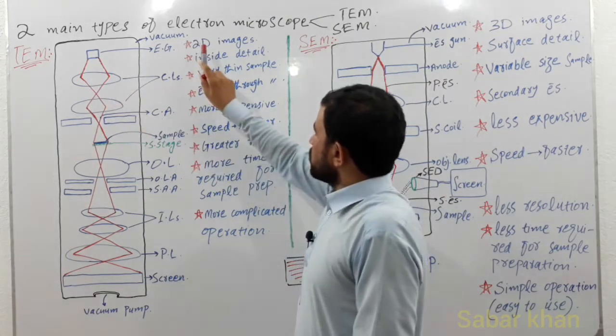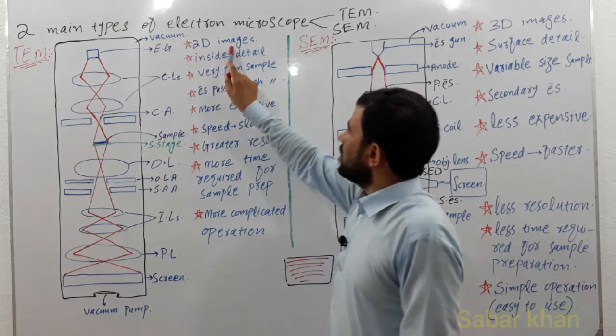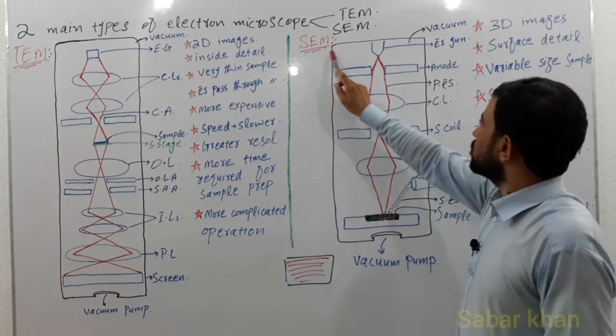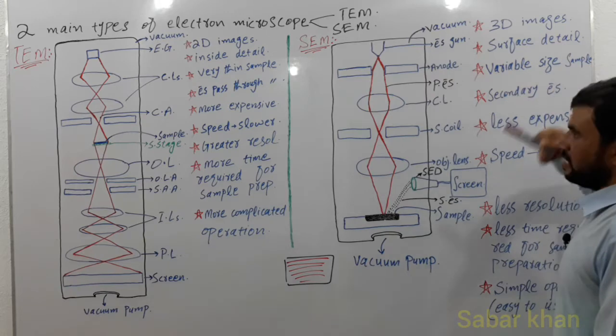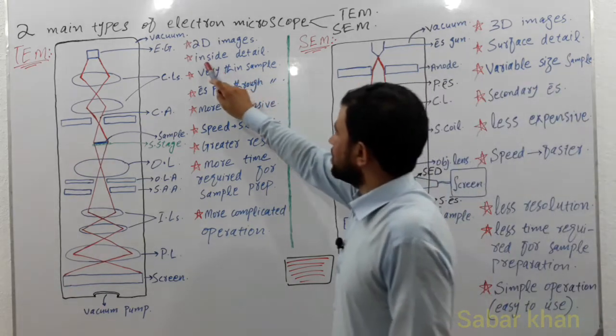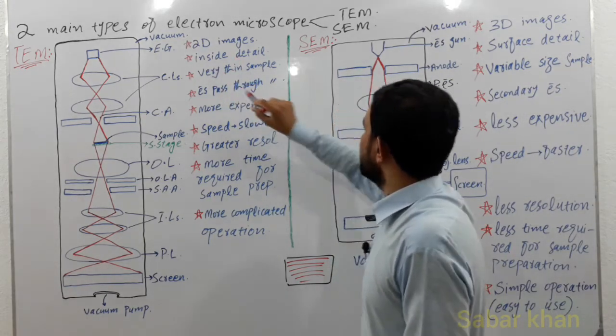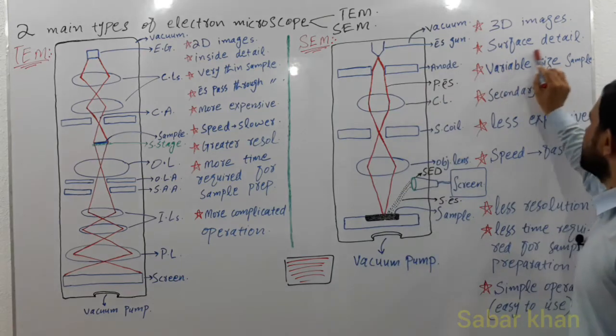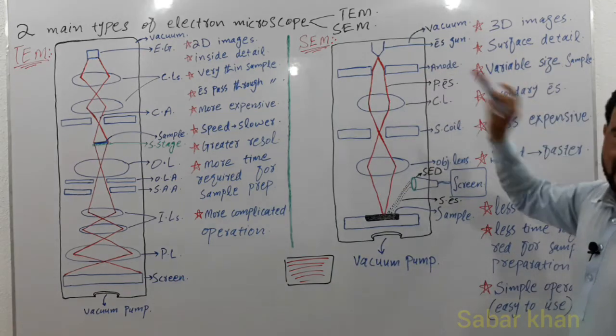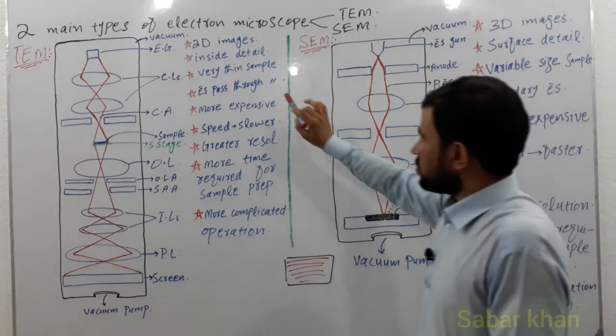Transmission electron microscopes provide a two-dimensional image, while scanning electron microscope provides a three-dimensional image. Here inside detail of the sample is provided, while here surface detail is provided by the scanning electron microscope.